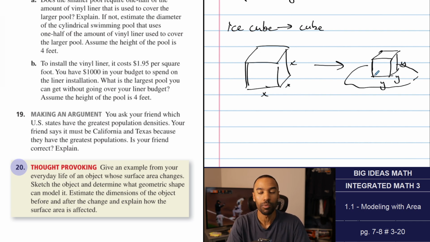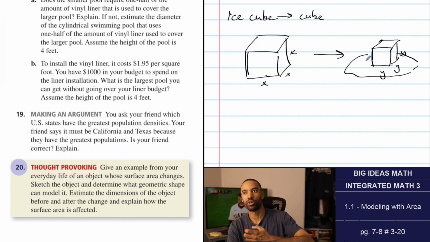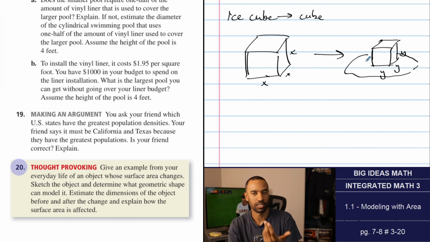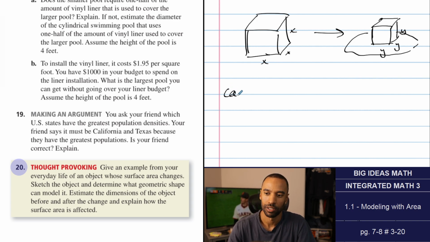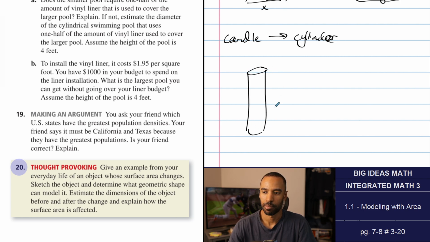Oh, you know which one could work well is a candle, because it's cylindrical in nature, but then it just melts in height. The thickness doesn't really change, and it's a cylinder. So how about a candle? A candle is a cylinder by nature, at least the kind of candle I'm thinking of. So I have a candle here, which has some height.